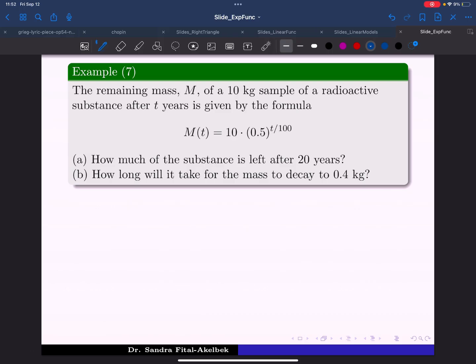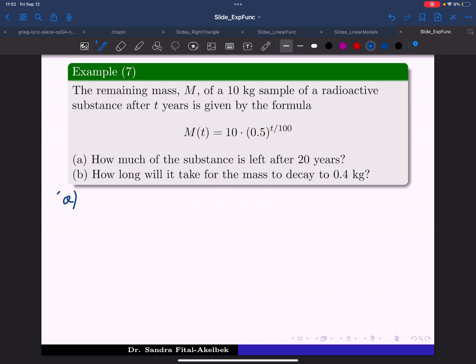Example 7. The remaining mass m of a 10 kilogram sample of radioactive substance after t days is given by this formula. How much of the substance will be left after 20 days? We take 20, substitute for t.